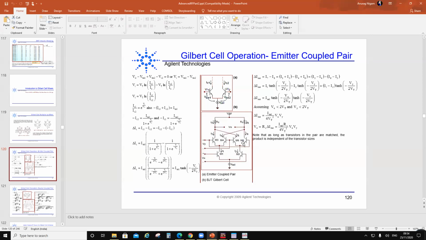Then Vy is multiplied by the GM of the device to result in a current here. So the current here is proportional to the multiplication of Vy and Vx, right? And if I multiply with RC, that will give me an output voltage, correct? So that's how I get a multiplication of 2 signals.